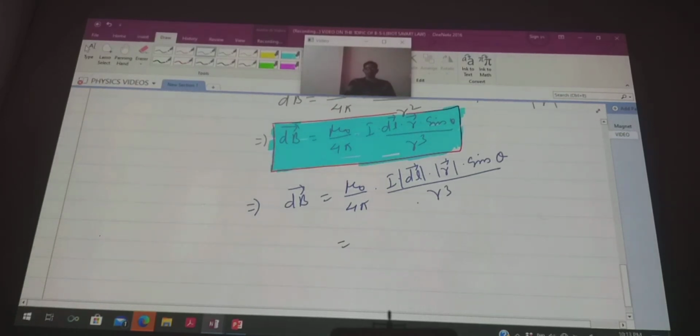We know that this is the conductor and this is the dl length.